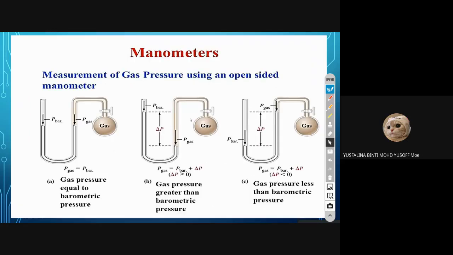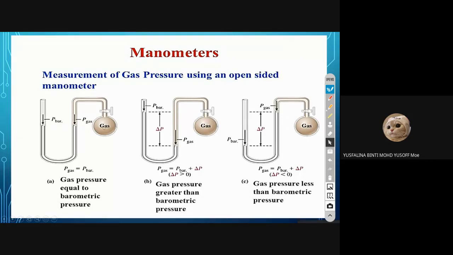For the next one, this is the revision. This is the manometer. If you want to measure the gas pressure, you can see here the height of the mercury is the same.